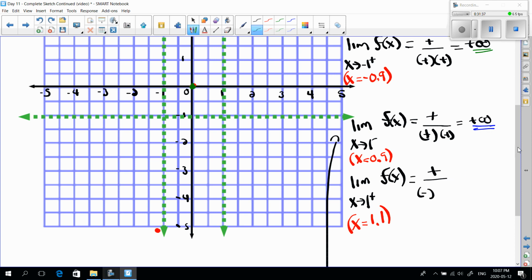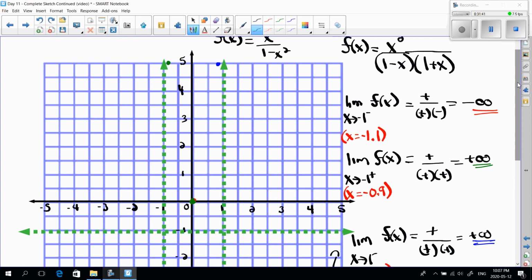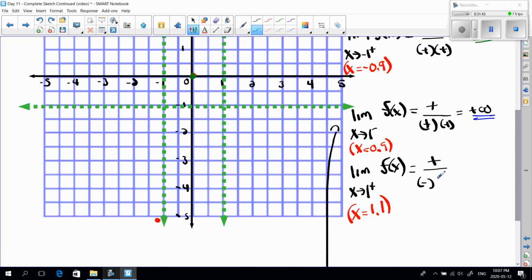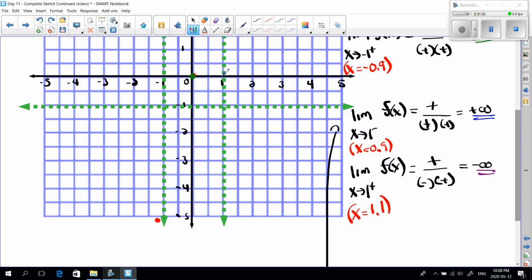And 1 plus 1.1, you'd get 2.1. Negative times a positive is a negative. A positive divided by a negative is a negative. My y values are getting infinitely small to the right. So to the right of 1, just to the right of this green line, my y values are getting infinitely small.